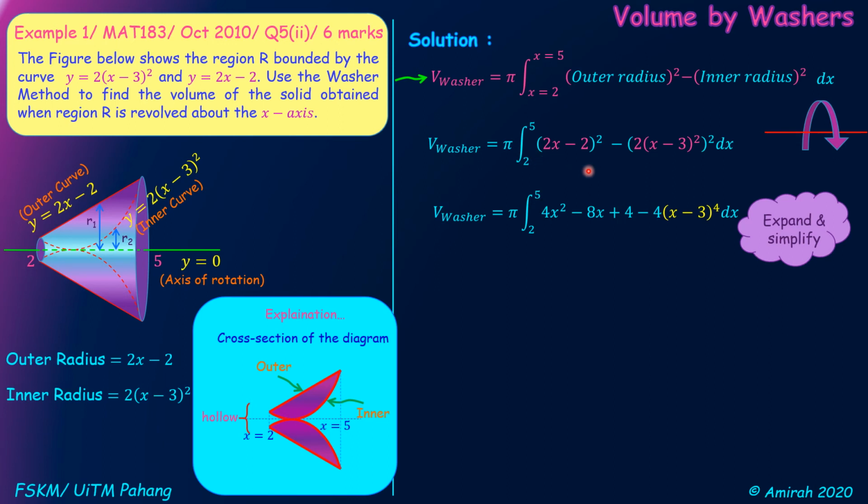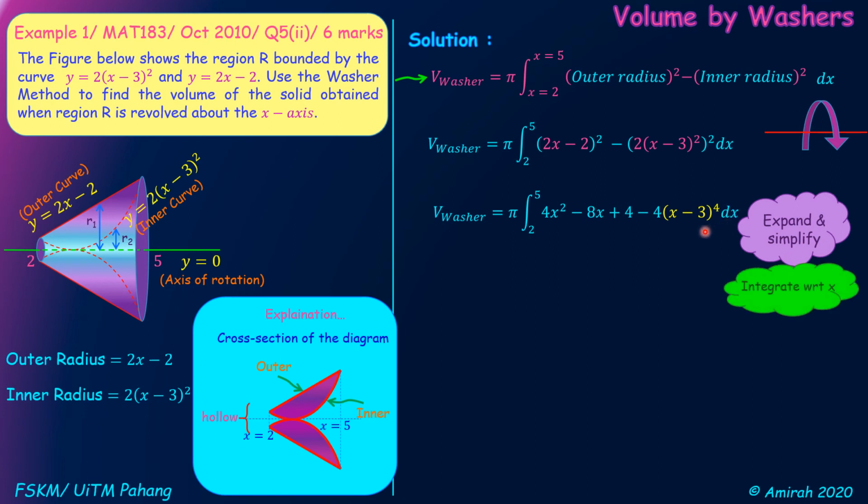When we expand here, we get 4x squared minus 8x plus 4, and then minus 2 squared, which equals 4, times (x minus 3) squared squared, which equals (x minus 3) to the power of 4.